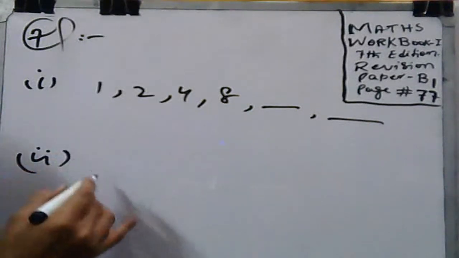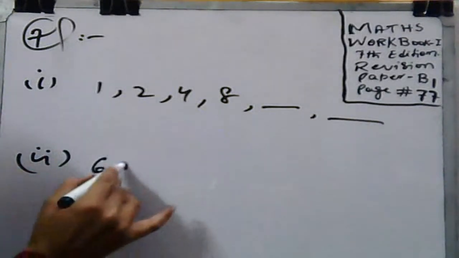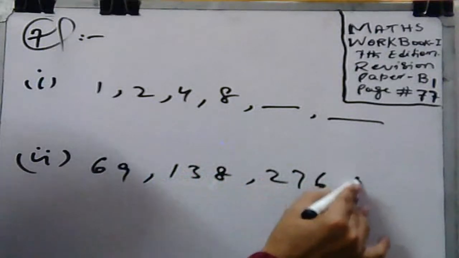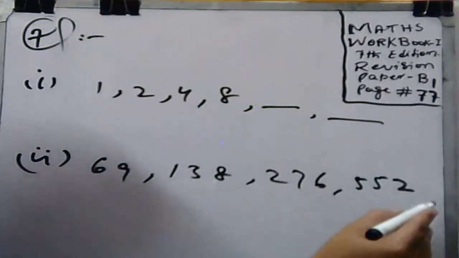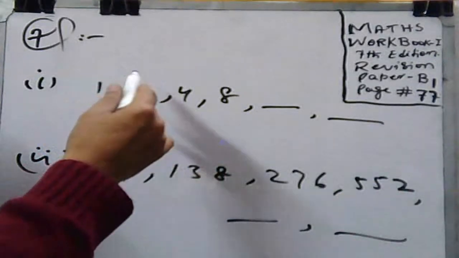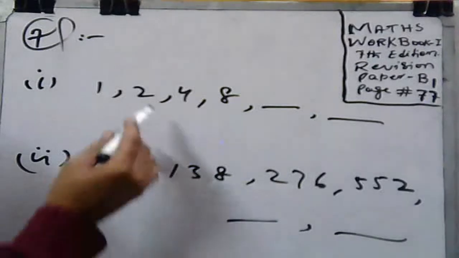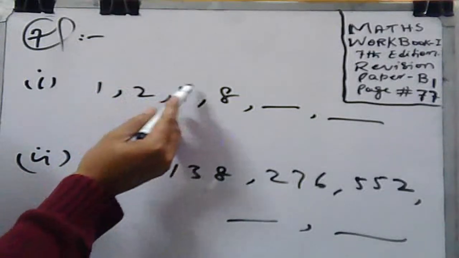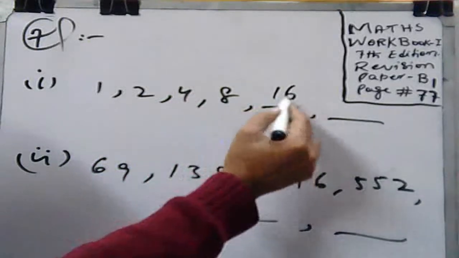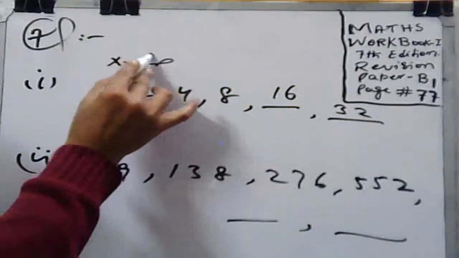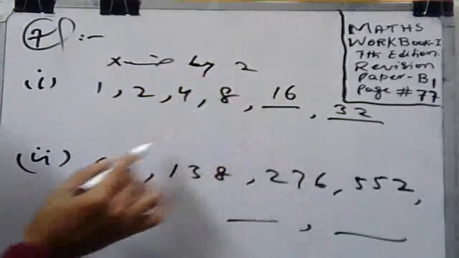Similarly, the second one is 69, 138, 276, 552, next two terms. So it is clear from this that we can find the difference: 2 2s are 4, 4 2s are 8, 8 2s are 16, 16 2s are 32. So we just have to multiply by 2.